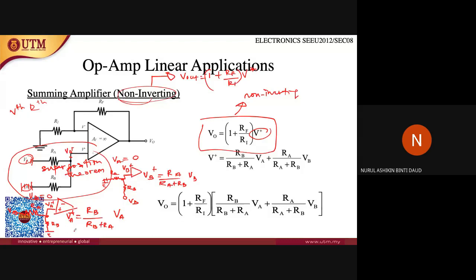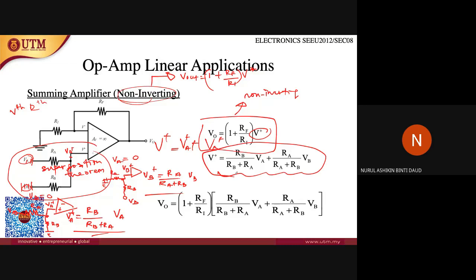So now you have two values at this point, which are VA plus and VB plus. How to get the total V plus here? V plus will be VA plus plus the value of VB plus that you have calculated just now. So put together the value and rewrite it, and you will get this kind of equation.